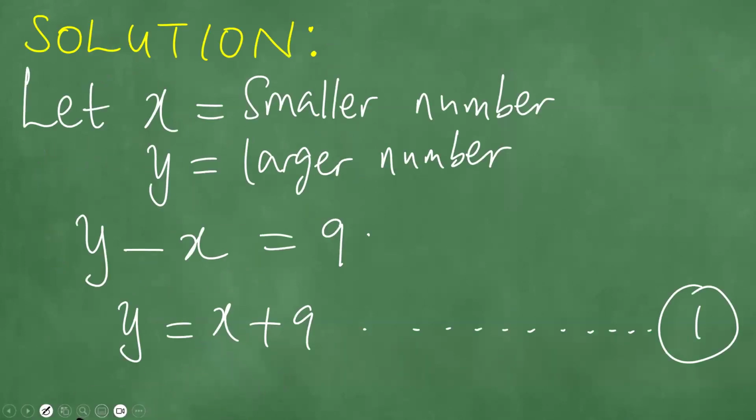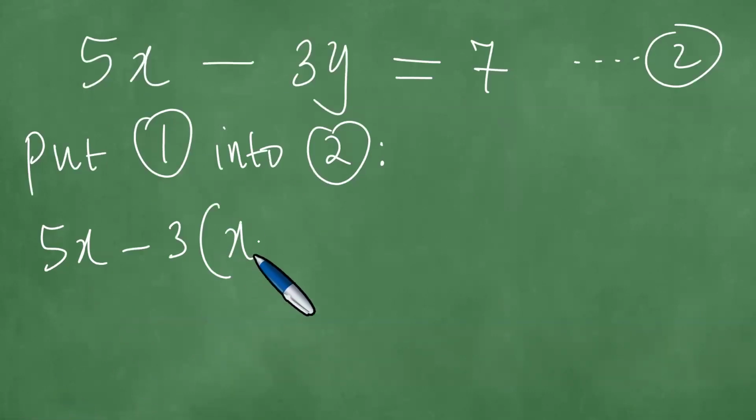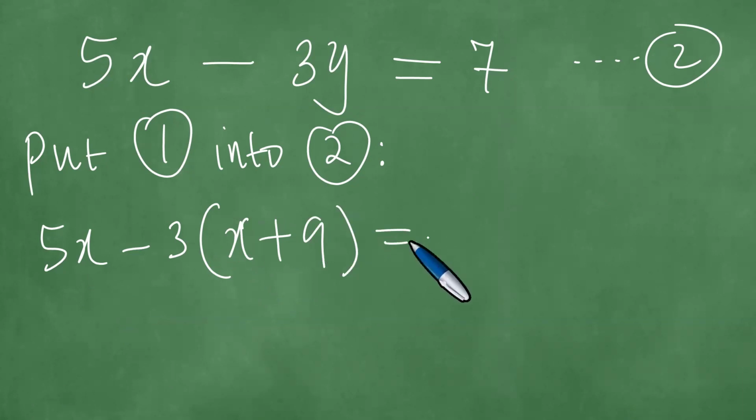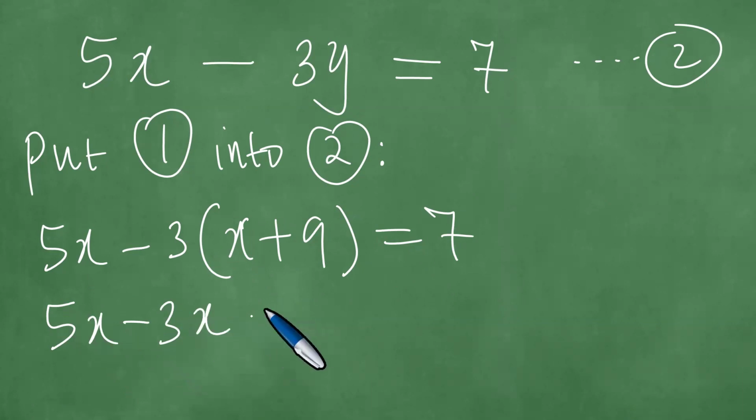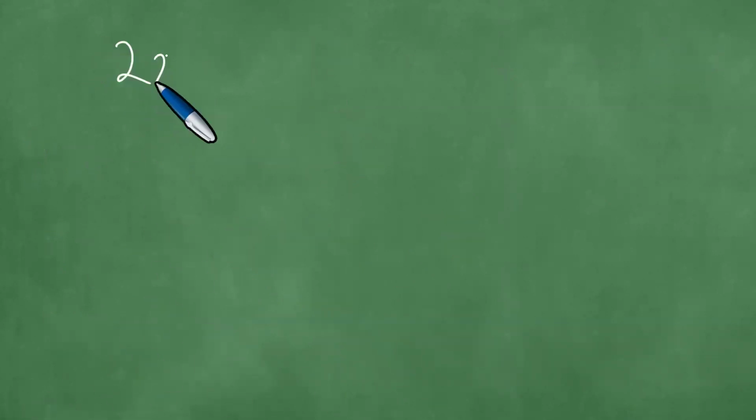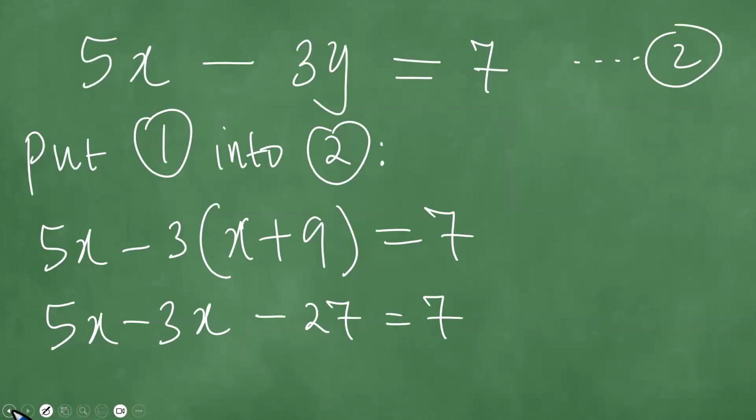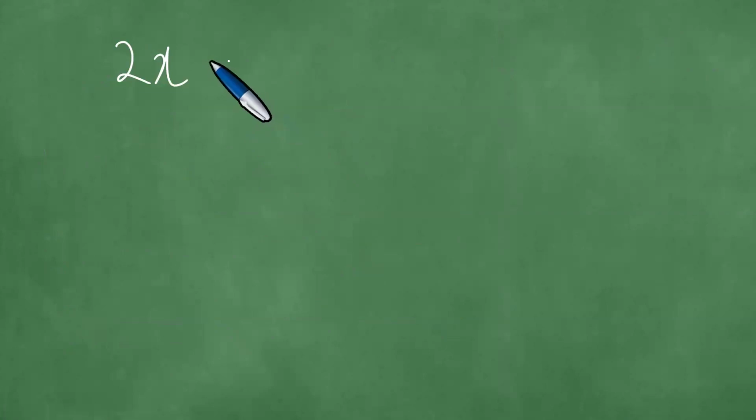The y is x plus 9, so x plus 9, and this equals 7. So you have 5x minus 3x minus 27 equals 7. And 5x minus 3x is what? Is 2x, which is equal to 27 plus 7.